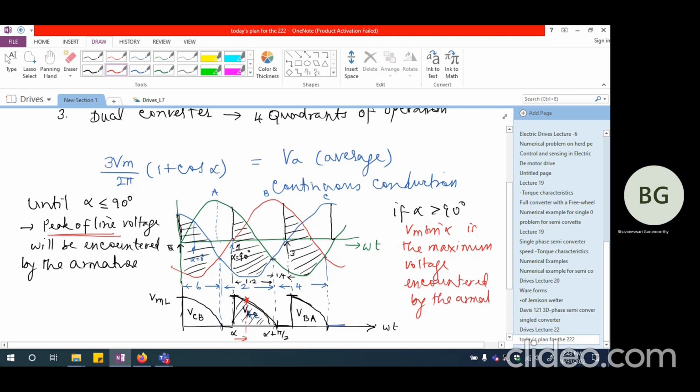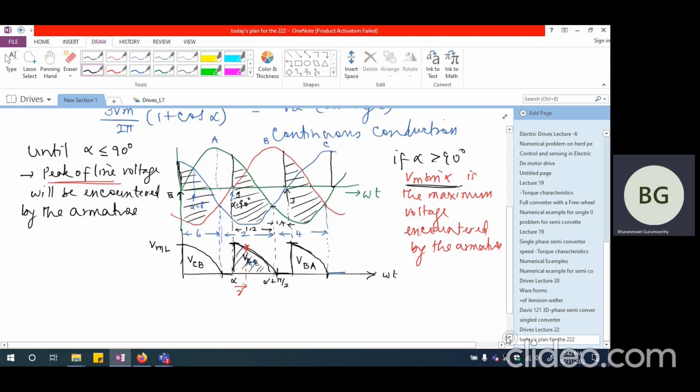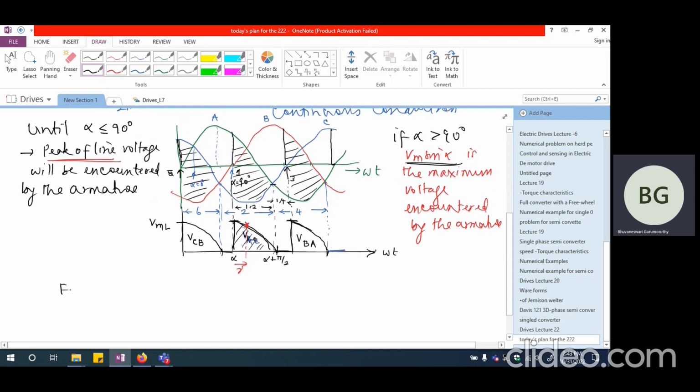So, if by chance back EMF becomes equal to Vm sine alpha, that is when no device can be fired, which means that is the ideal no load condition. So, we should be able to say for alpha ranging from 0 to 90 degrees, the ideal no load speed is going to correspond to Vm line to line divided by K5.